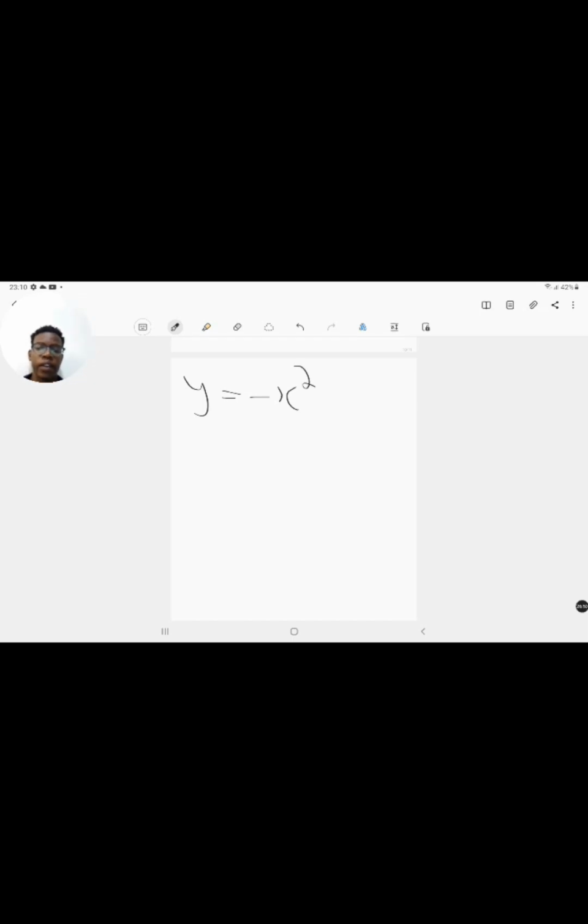Now what is our a here? Our a is less than 0. In other words, our a is negative. So we know that our graph will be sad because our a is negative. Negative emotions are bad. Bad makes us not smile. It makes us frown. So our graph will be going downwards, right?